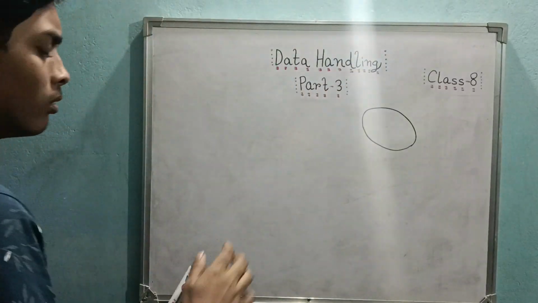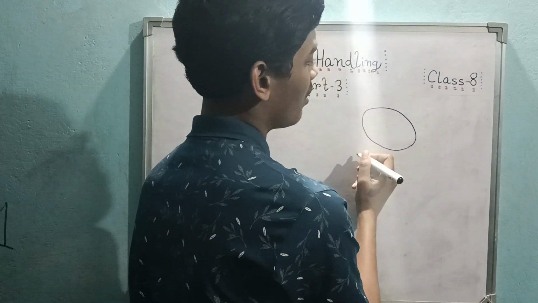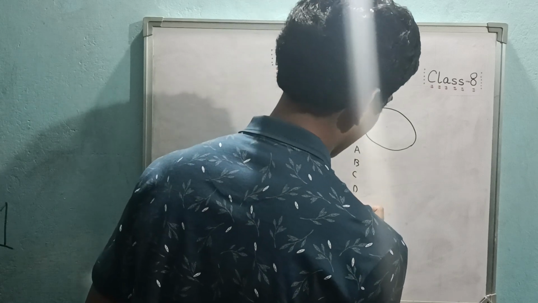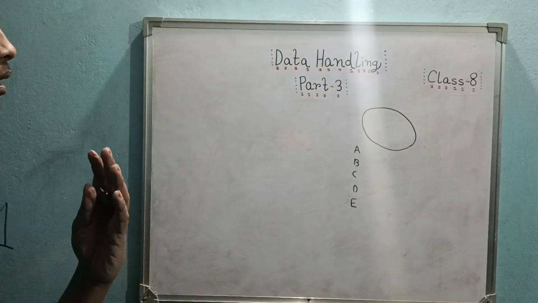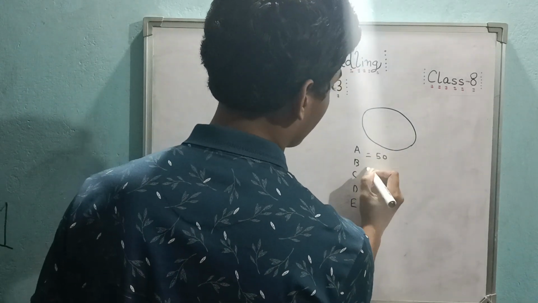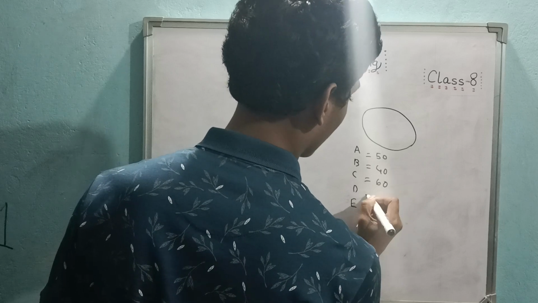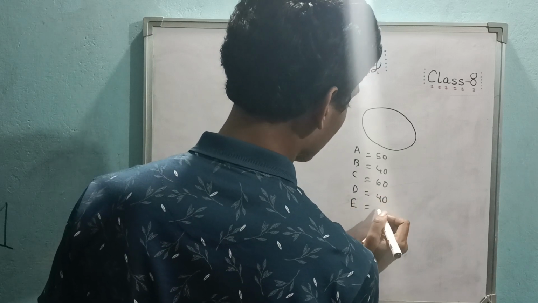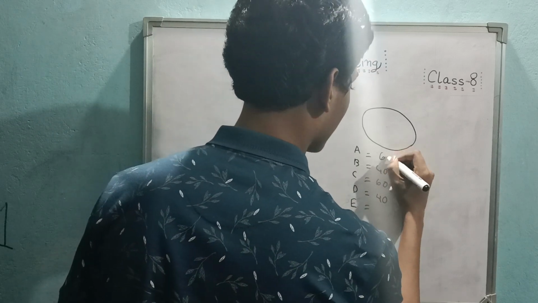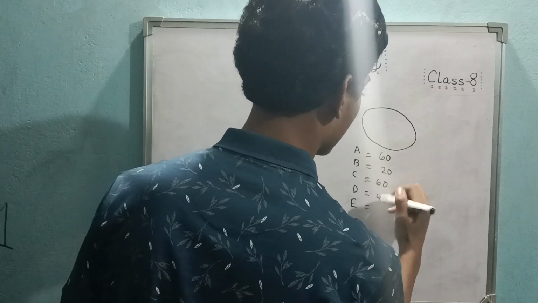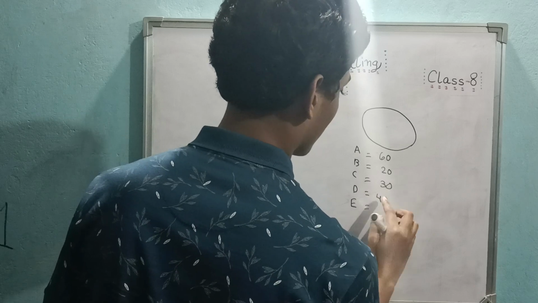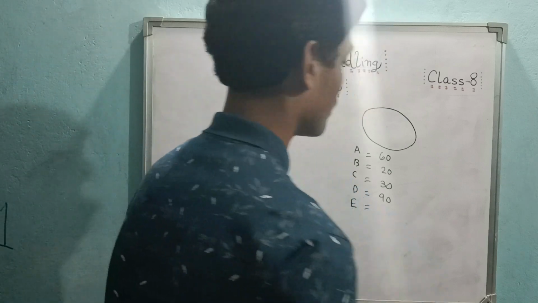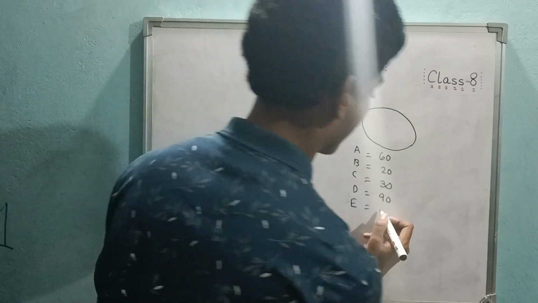Okay. So for this circle, suppose I have been told that there are five data values A, B, C, D, E. A's frequency is suppose 50, B's frequency is 40, C's frequency is 60, D's frequency is 40, and so on.